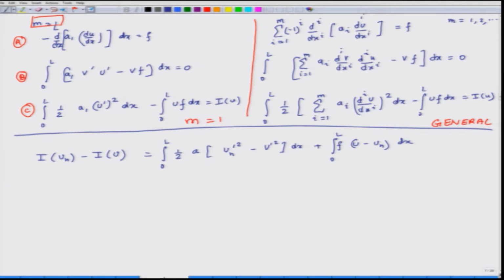Okay. So, the negative sign has gone from the second term in this equation, because instead of u h minus u I have done u minus u h.